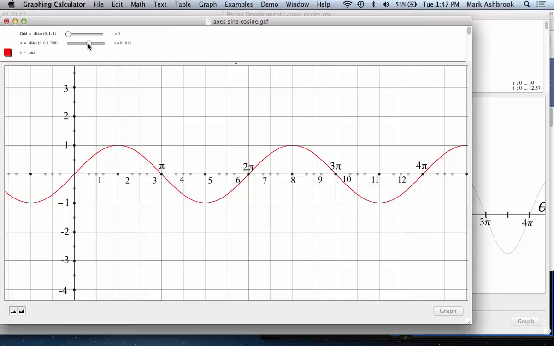How about that? No, not the dot. Well, the grid lines. Something like that. Okay, good.